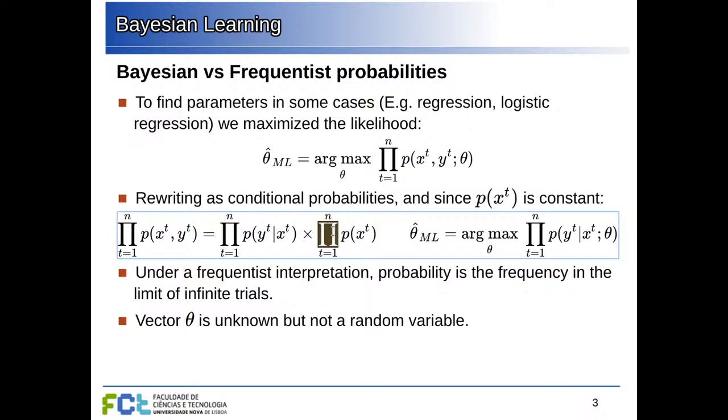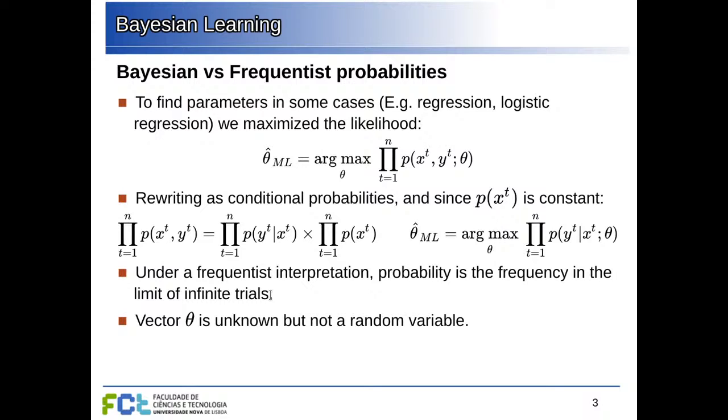But since the probability of the features is something that has no relevance for the classifier, we then simplify this and we basically maximize the conditional probability of whatever it is that we want to predict, some class label, some continuous value, given that we have those features for each set of parameters, and we change the parameters until we find the maximum there. So this is a frequentist interpretation that we followed.